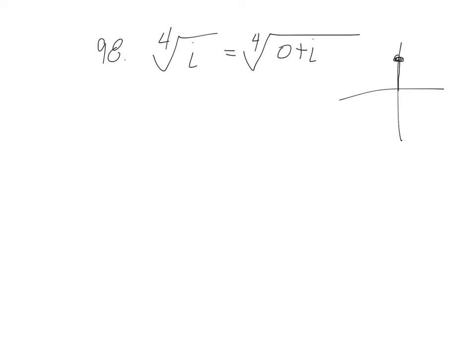I like doing that with quadrantals. If I'm going up 1, my r is equal to 1. That would just be the same as the square root of 0 squared plus 1 squared, which gives us 1. Furthermore, that's a rotation of pi over 2, so our theta is pi over 2. So our complex number is 1 cis pi over 2.